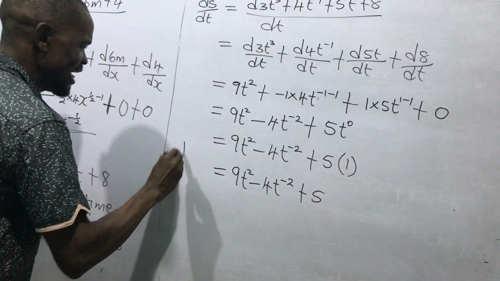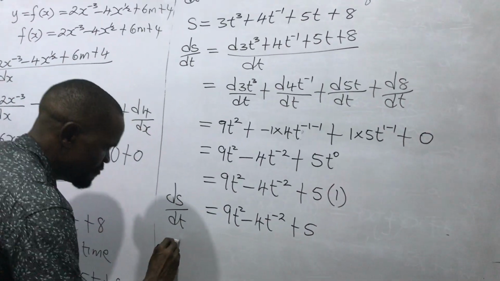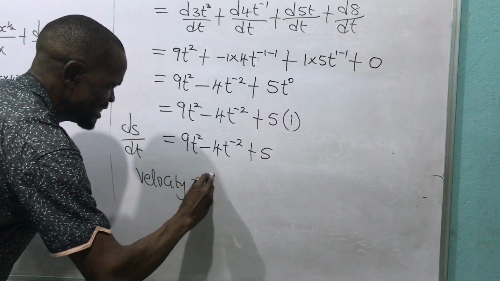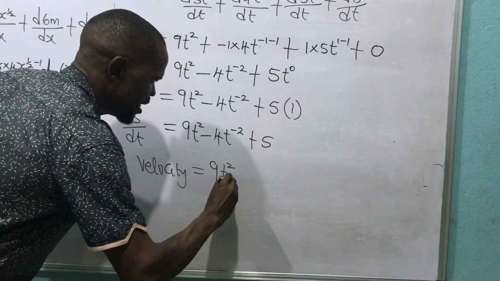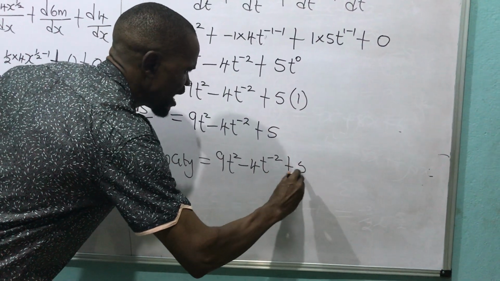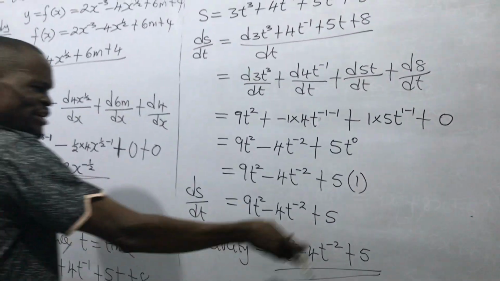That makes my dx/dt equal to it. And what does it mean? Velocity is equal to 9t squared minus 4t^-2 plus 5. That's my velocity.